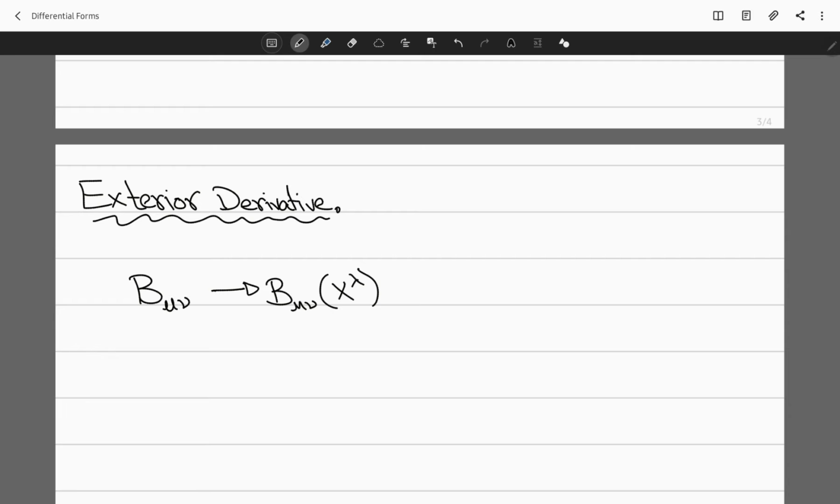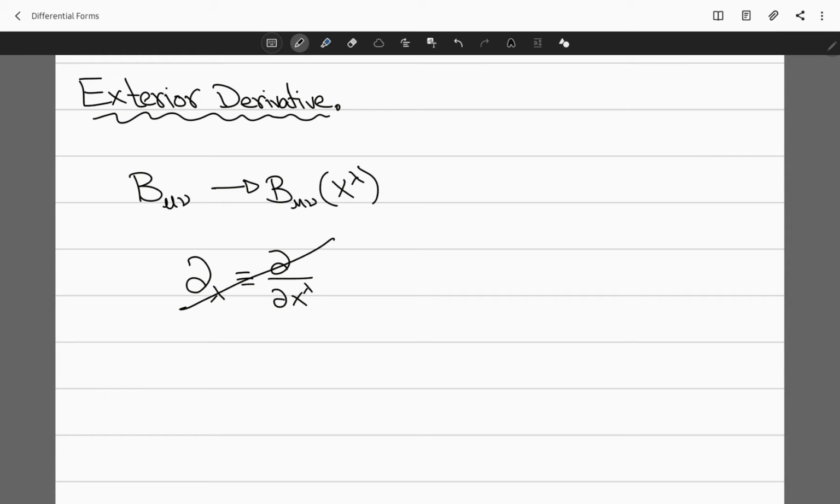Now, of course, it would be useful to describe how forms vary, and that is where these derivatives jump in. Now, we could just use the usual partial derivative, and that is partial lambda, which is equivalent to partial over partial x lambda. So this is the usual partial derivative, but the object that results using this is actually not particularly nice. So we are not going to use this.